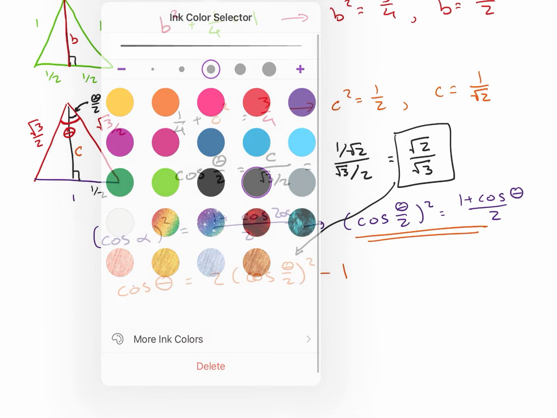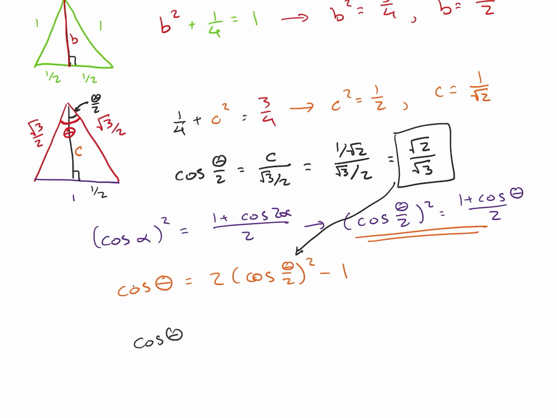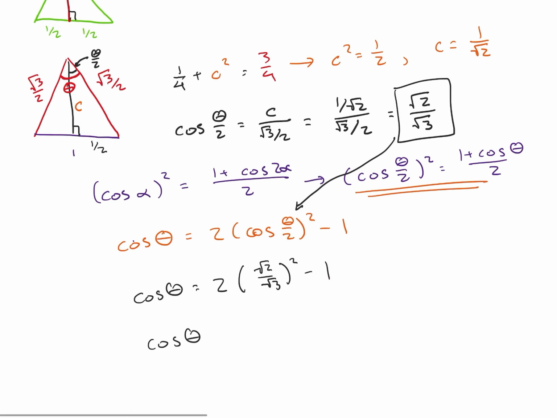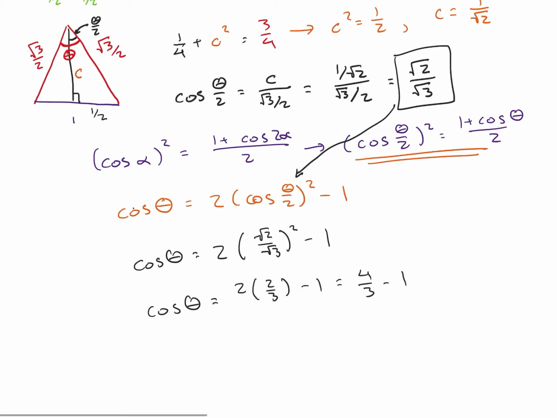We end up with cosine of theta is equal to 2 times root 2 over root 3 squared minus 1. So cosine of theta is equal to 2 times 2/3 minus 1, which is 4/3 minus 1. And my final answer is cosine of theta is equal to 1 over 3. And that is my solution.